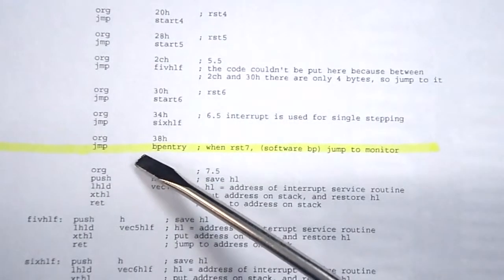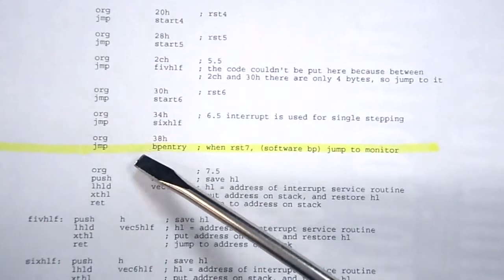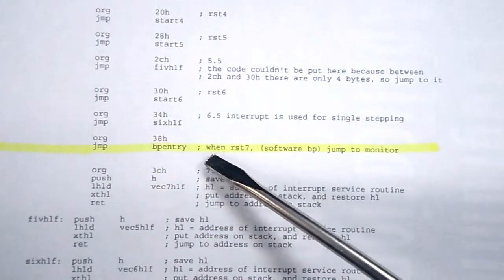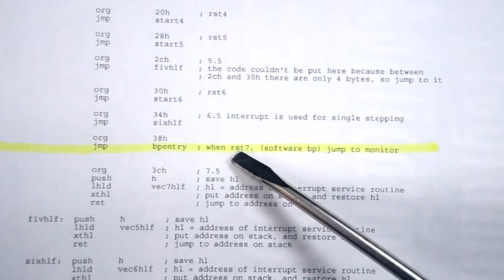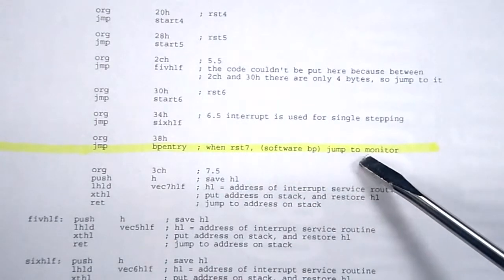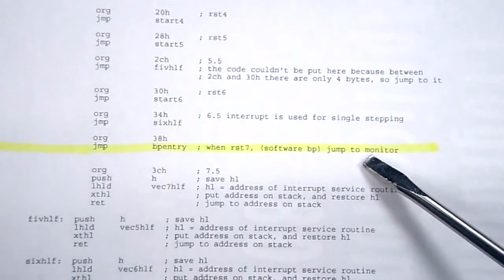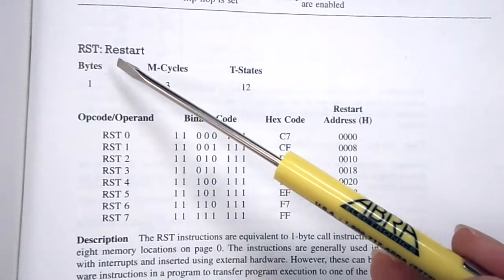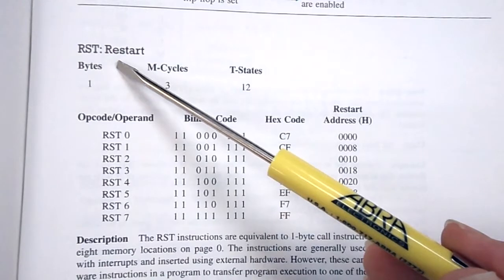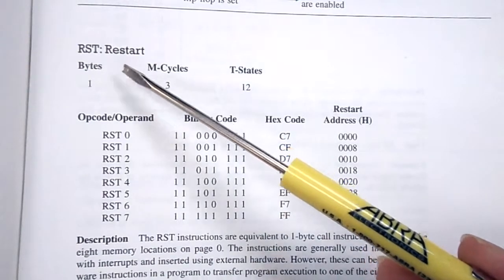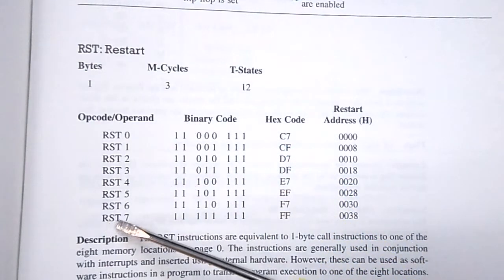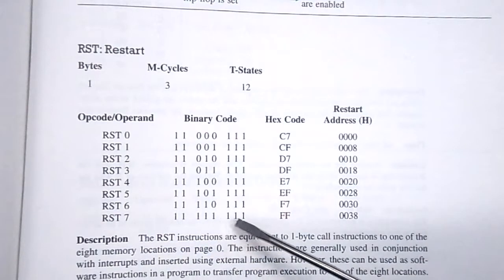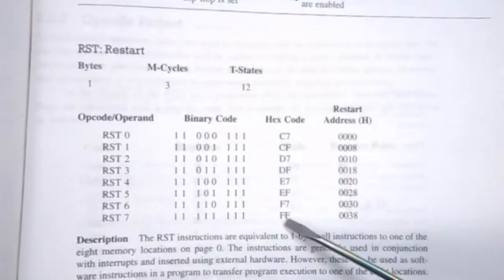And you can see here in the assembly listing, it's a jump, and when Restart 7 occurs, it jumps to the monitor operating system. The last command we're going to be looking at is the RST, or Restart instruction. We're going to be using the Restart 7, and you can see that its code is FF.